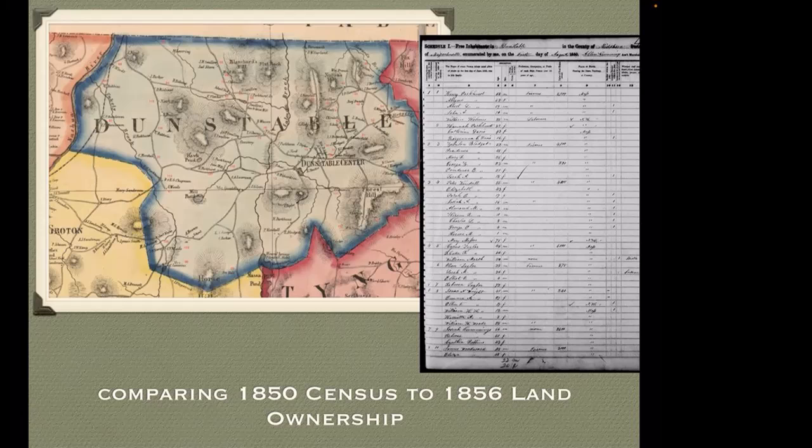Because anyone can link sources to people in the family tree, I wanted to make sure that everybody in this town, because of the time that my family had lived there, was listed in the family tree. And if they were, then I made a link to the 1850 census as a source.